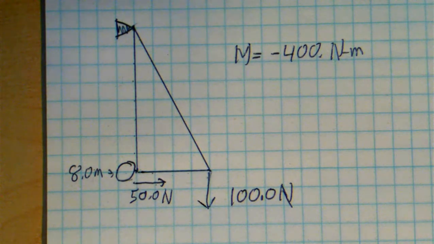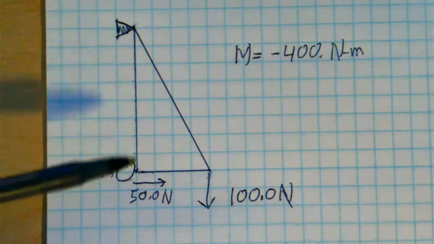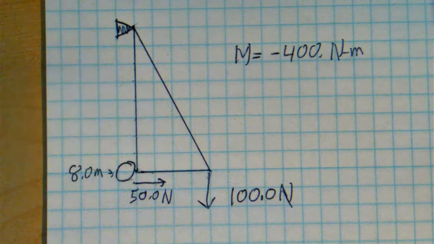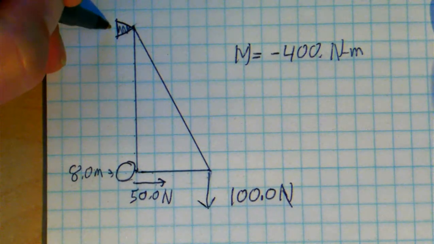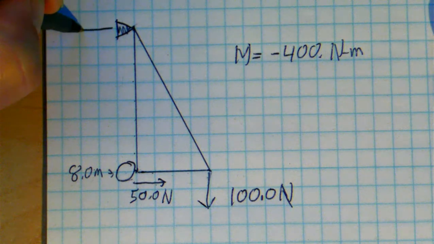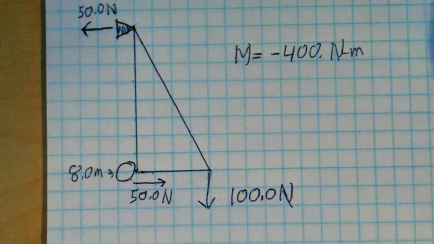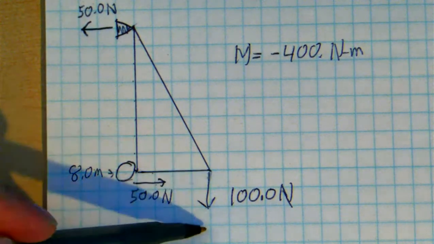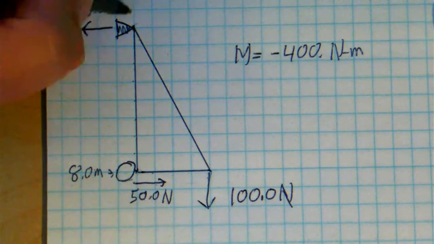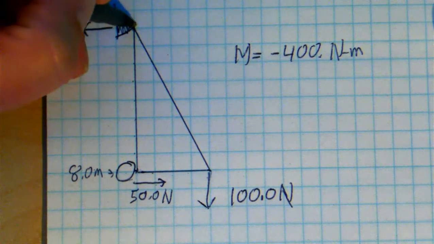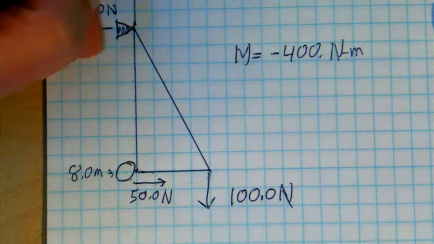Okay, well, there's more. If I'm pushing to the right with 50 newtons, then for the sum of all the forces in the horizontal direction to add up to 0, the pivot point must be pulling to the left with, go ahead, say it, 50 newtons. And if the load is pulling down with 100 newtons, then the reaction force up here at the top must be pulling up with 100 newtons.